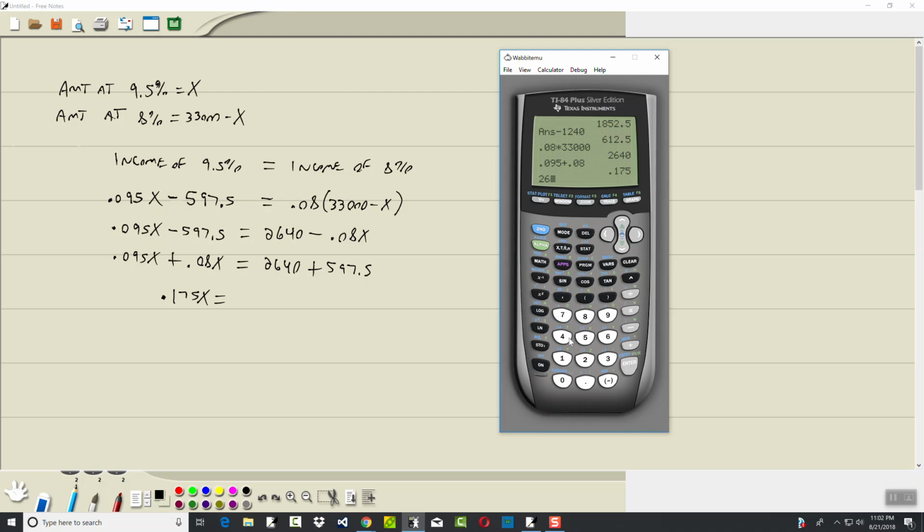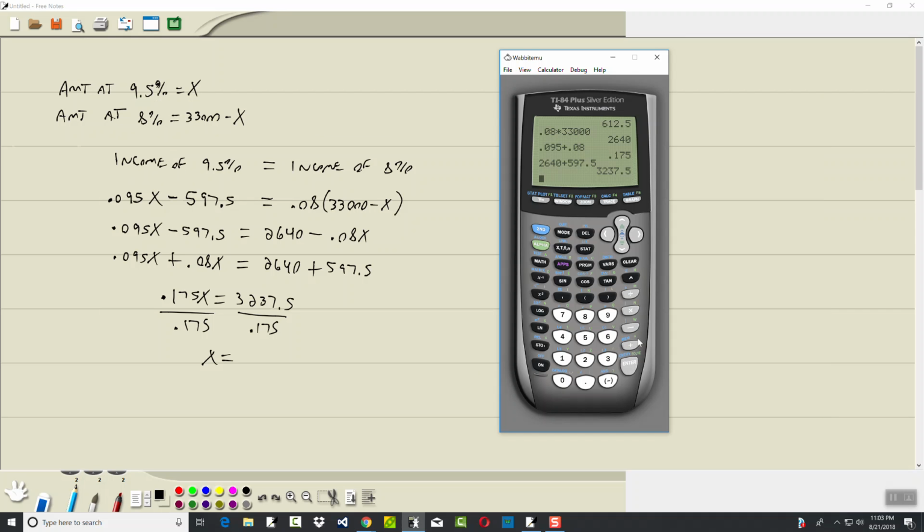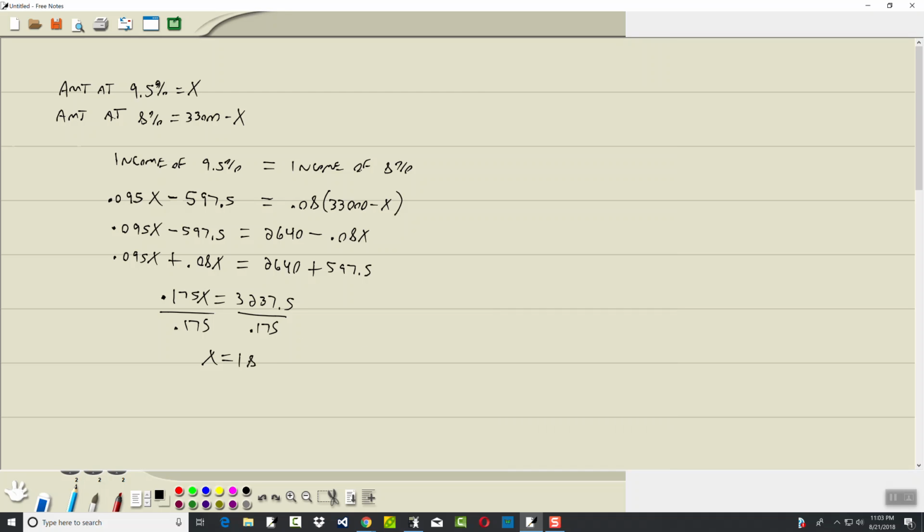And then 2640 plus 597.5, 3237.5. Then I'll divide both sides by 0.175 to get x by itself. And this divided by 0.175, 18,500. That would be my x.